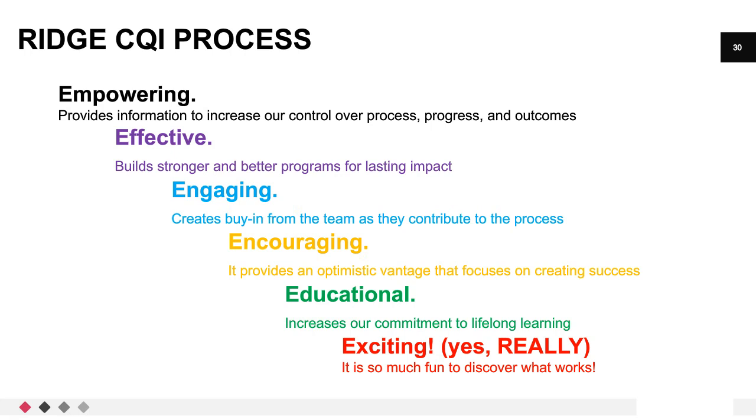So we've got staff from frontline staff to administrative staff to executive staff and key stakeholders, where we gather the information, and it really builds camaraderie, partnership, a singleness of vision, and produces encouragement, because we really look at CQI from an optimistic vantage point to say, you know what, we are going to do our absolute best in what we think is the right thing, and then we're going to test it, and we're going to figure out whether or not it works.